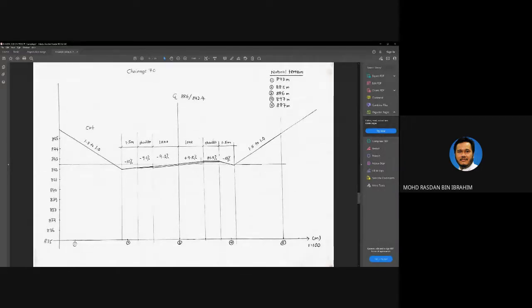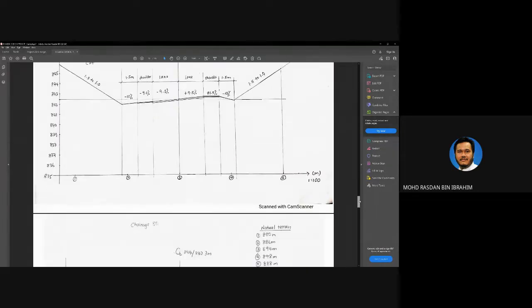See, here 9.5 and here is -9.5. For this design, the maximum is 10%. So on the right hand side is positive 10%, negative 10% is on the left. Right hand side going up, left hand side going down, because it is a curve going to the left.